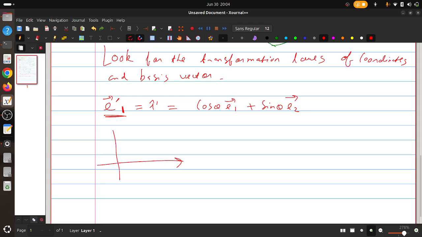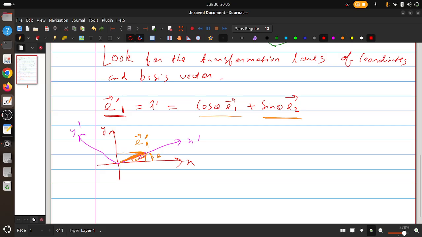Again, if I make the diagram x, y, and x prime, y prime, we are looking at this particular vector. This is my e1 prime, and this angle is theta. Now I am just breaking it into components along the unprimed frame. So that is cos theta e1, because this angle is theta, plus sin theta e2, and this also confirms that this vector is a unit vector, right?